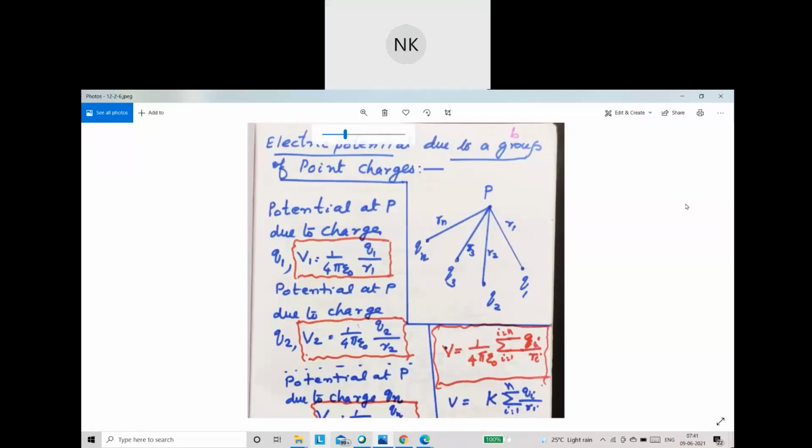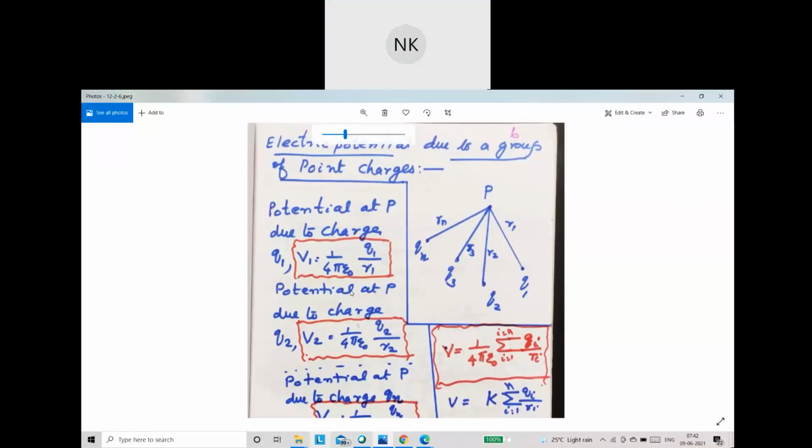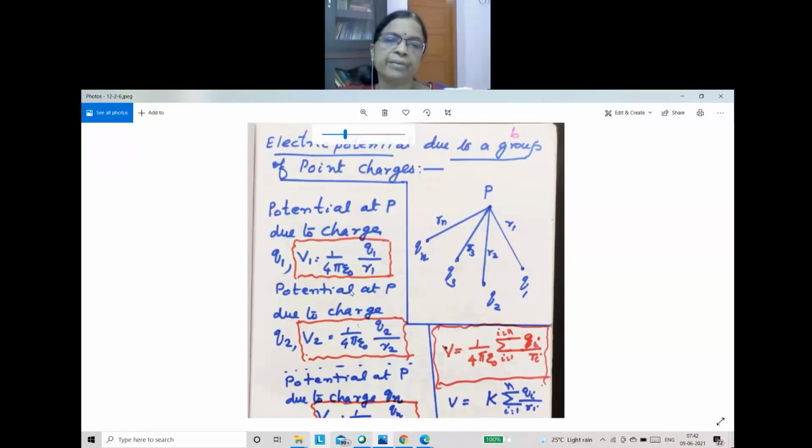Nanaprakasham? Scalar or vector? Work done? Vector, ma'am. Is work done a vector? Nivedita, is work done a vector? Work done is scalar.